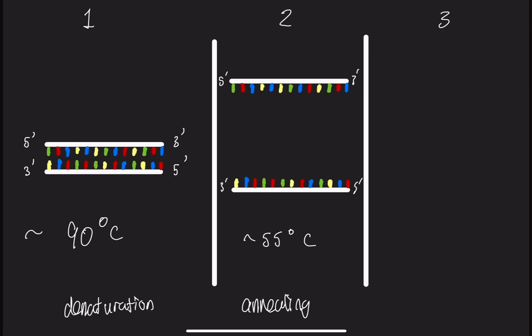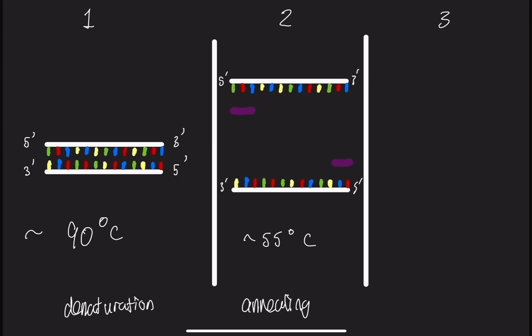But what is the purpose of this? Well, the purpose is for primers to anneal. Remember, the stage is called annealing, so it's pretty easy to assume that the goal is for primers to anneal. So if I were to draw the way in which primers anneal, it would essentially be at the 5' end of each of these strands, we would have our primers, and our primers are not just like that, though.